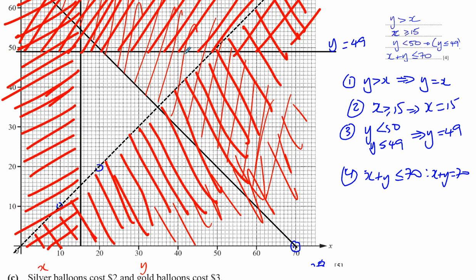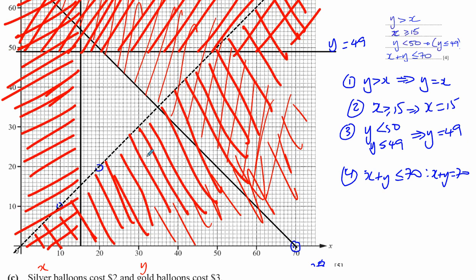They must be less than or equal to 49 gold balloons. The number of balloons altogether must be less than or equal to 70. All the different conditions we have are satisfied in this unshaded region. If we go outside of this unshaded region, one of those conditions will not be met, and therefore it won't be something that we could use. So we can only use things which are in the region.